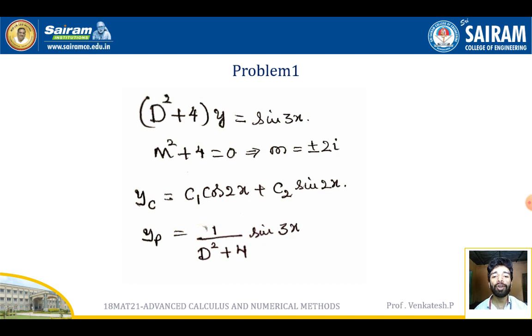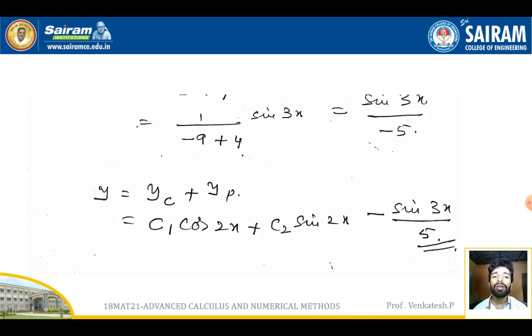Since the x coefficient here is 3, we replace all d square terms by minus 3 square. Minus 3 square means minus 1 into 3 square, so it becomes minus 9. Minus 9 plus 4 becomes minus 5. I got sin 3x by minus 5. Note that it is not minus a whole square, it is minus into a square, so it will obviously be negative.